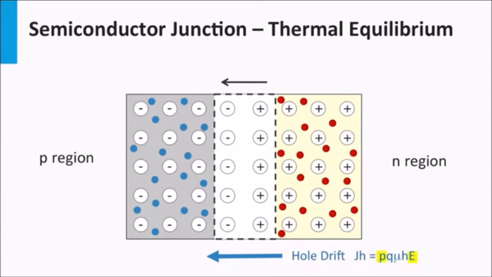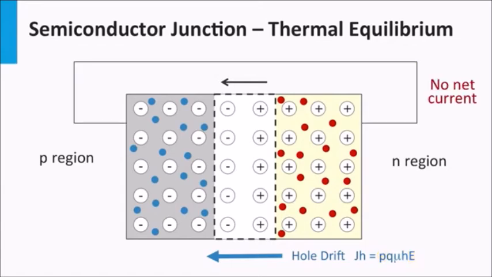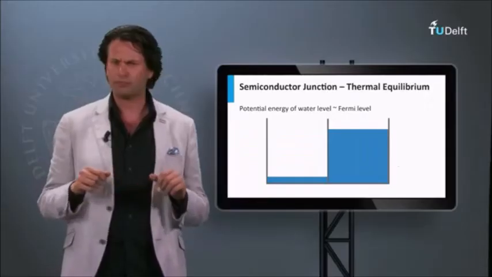The current densities at the depletion zone are in equilibrium. If you would connect the left side of the p region and the right side of the n region with an electrical circuit, we would have no current flowing through the circuit. The electrical field will create a built-in voltage over the space charge region.